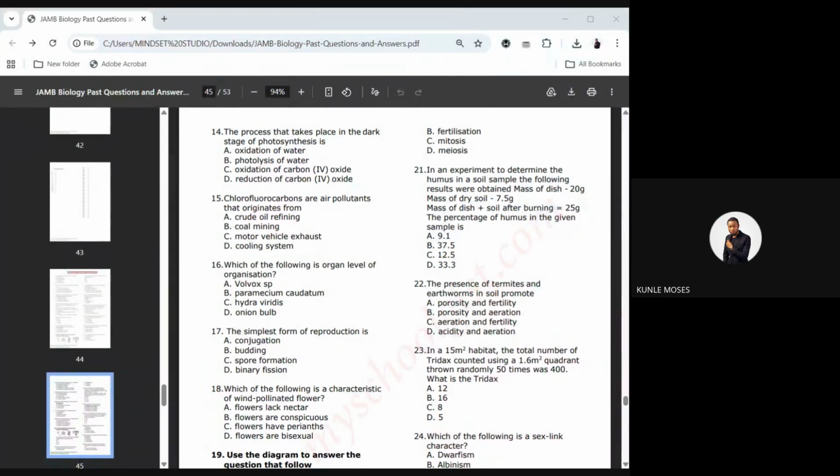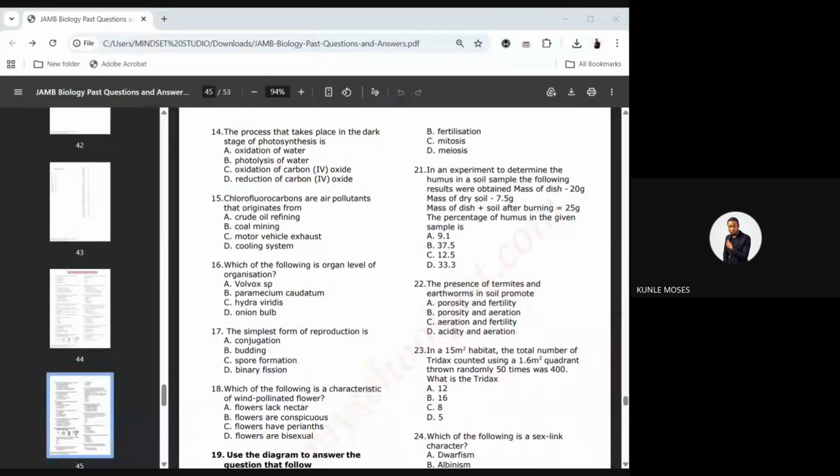The carbon dioxide will be reduced to carbohydrates in the dark reaction when we are checking the carbon cycle. Yeah, the dark stage comes after the light stage. No, I just remember now. Okay. Number 15.